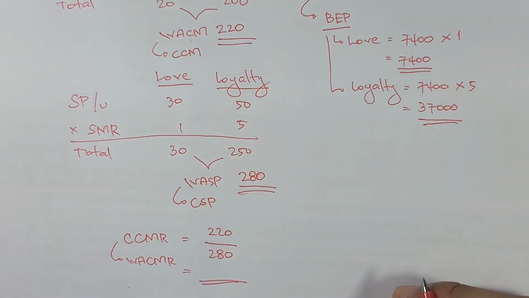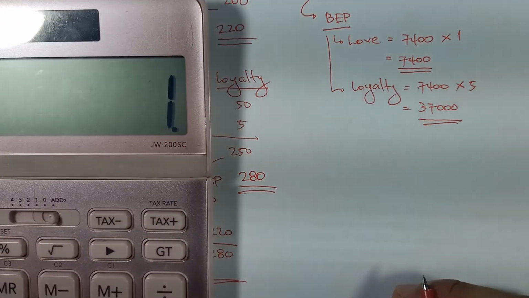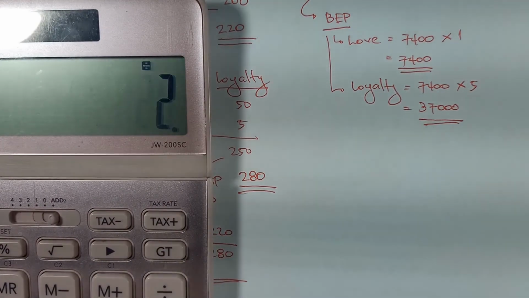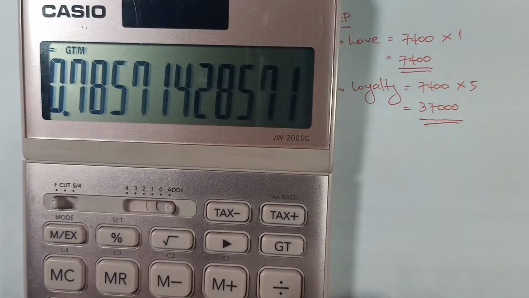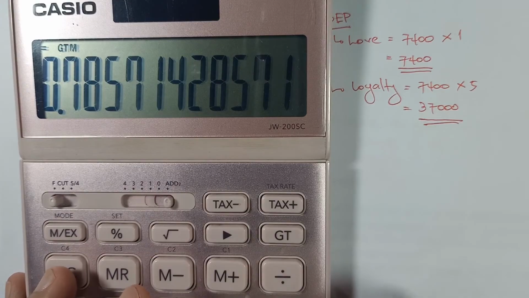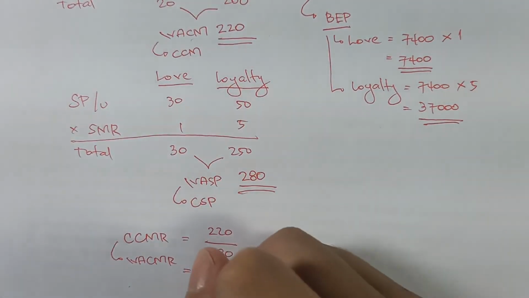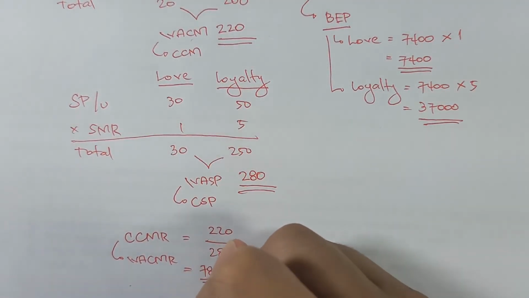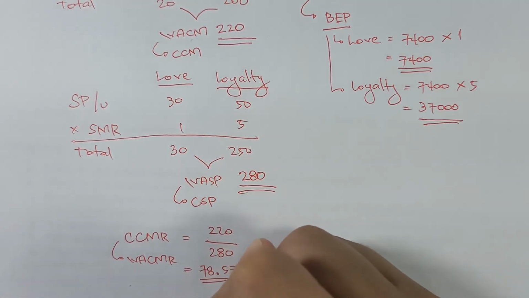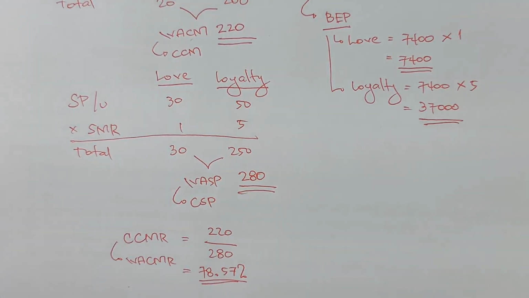So the weighted average contribution margin ratio now is equal to 220 divided by 280, or this is equal to 78.57%. Okay ba tayo dun? Are we good on that?